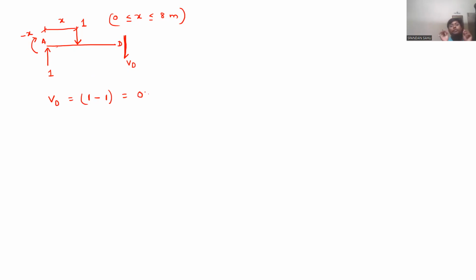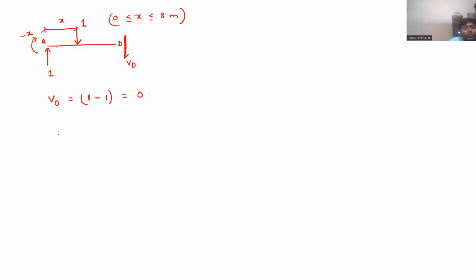That means when our unit load, suppose this is A, this is point D, and our unit load is moving between these, then the shear force at point D is 0. Means ILD will be 0 for this span A and D.